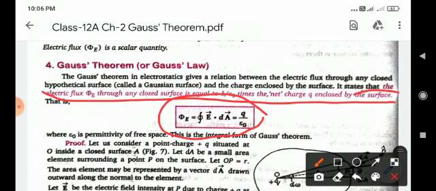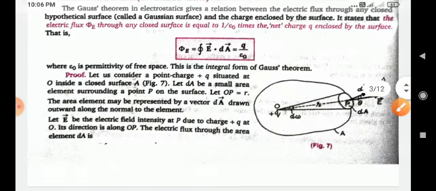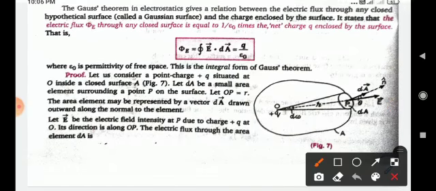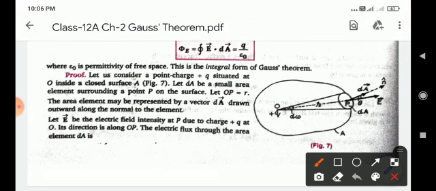The Gauss theorem in electrostatics gives a relation between the electric flux through any closed hypothetical surface, called a Gauss surface. Okay, children, let us consider the proof.